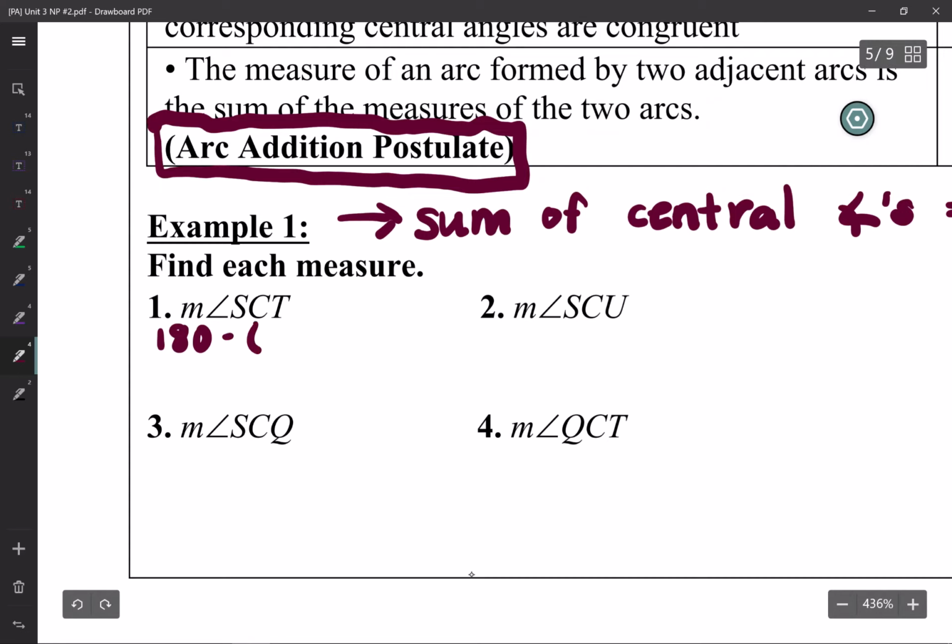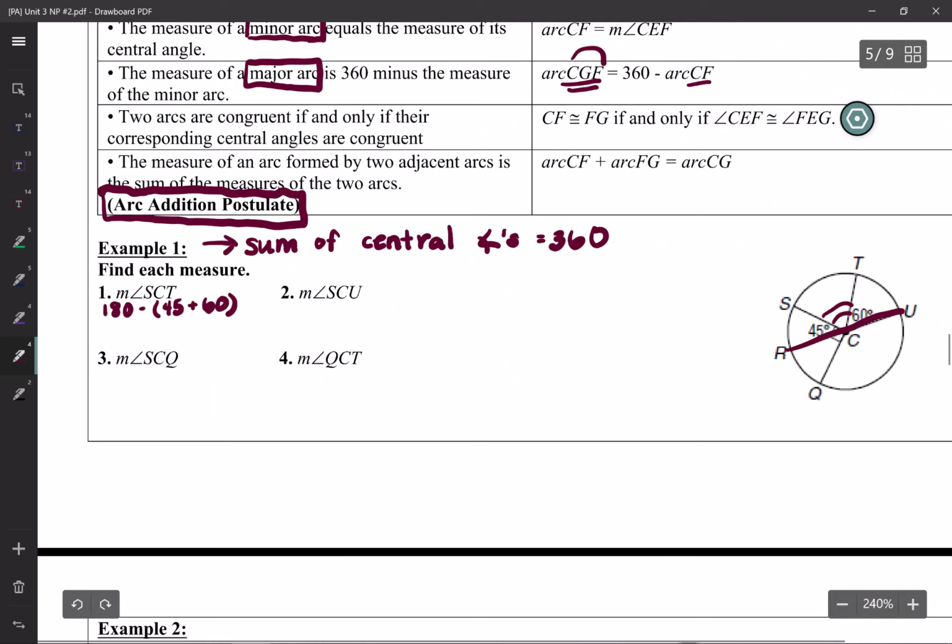minus 45 plus 60. 180 minus 105 gives me the final answer of 75 degrees.